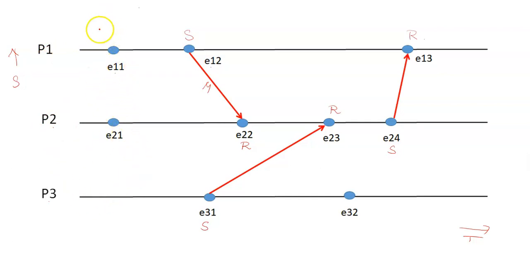Here there are three processes, so a vector timestamp will have three components: P1, P2, P3. So the first element represents process P1, the second element represents process P2, and the third element represents process P3.